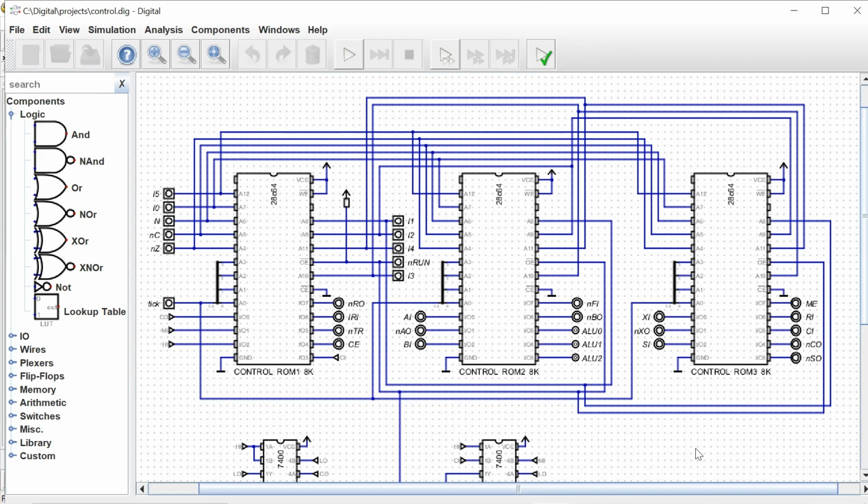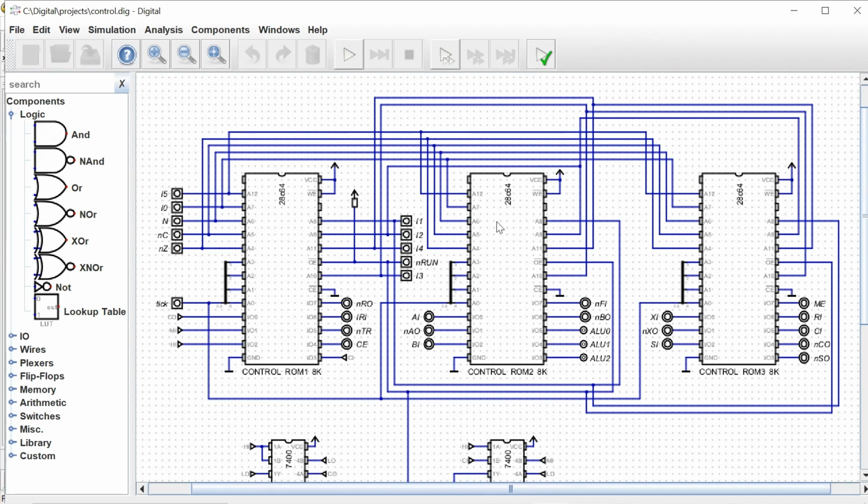Okay, so each of these ROMs are all wired in parallel. So all of the input signals that go to one of the ICs are the same input signals that go to all three of the ICs. What differs, however, is the data that comes out. The data that comes out of each of the ICs for a given address is different.